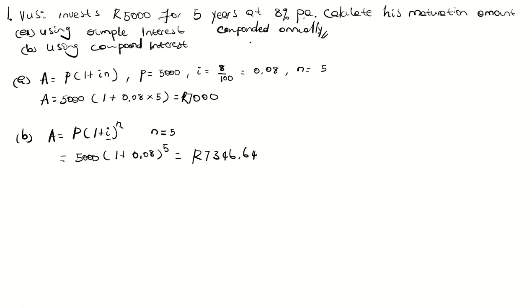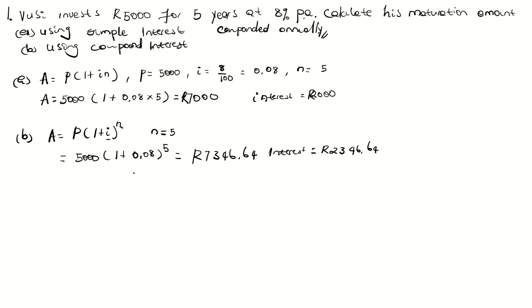In the simple interest scenario, the interest is 2,000 Rand over the 5 years, okay? And in this scenario, the compound interest scenario, the interest is 2,346.64.